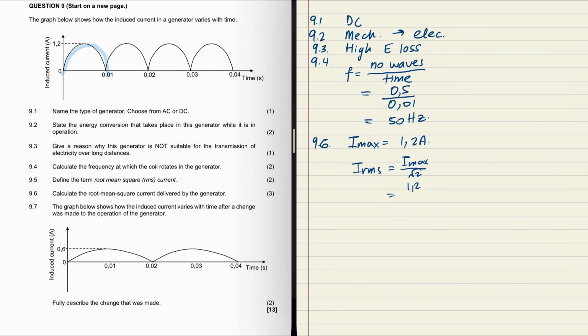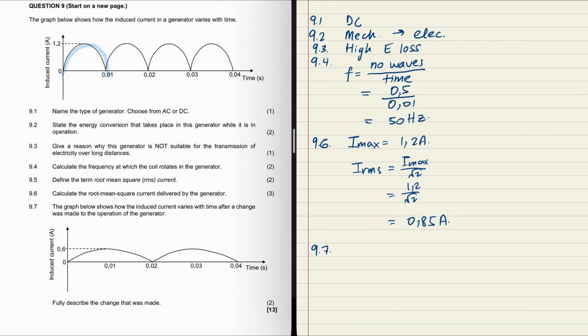So 1,2 divided by square root 2 is equal to 0.85 amperes.